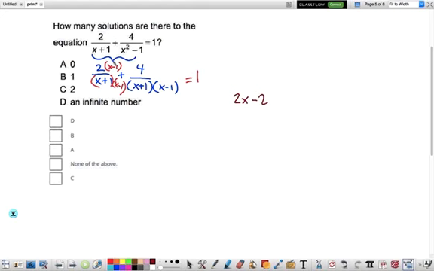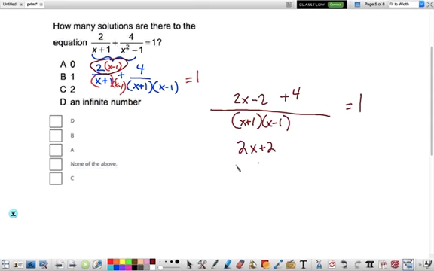2x minus 2 is this guy, and you're adding on 4, dividing it all by x plus 1 times x minus 1. It's all equal to 1. Simplify: 2x plus 2 over x plus 1 times x minus 1. What can I do with the 2?